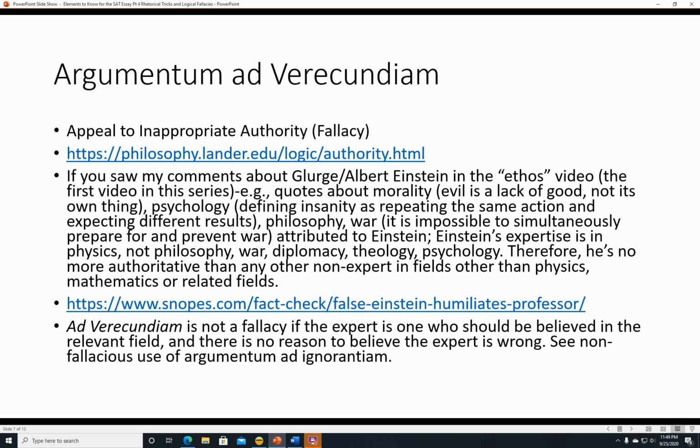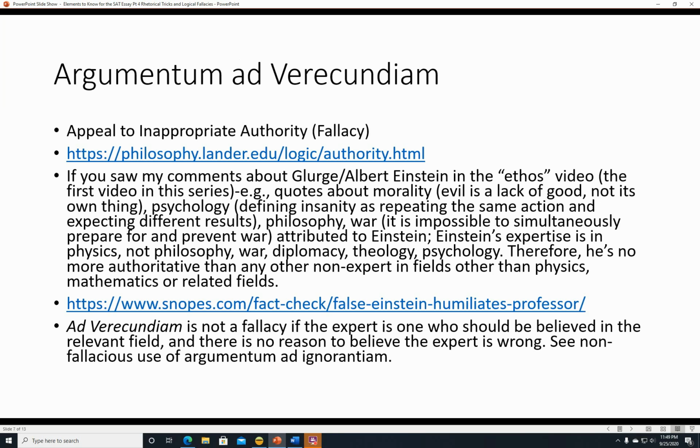Albert Einstein also, as far as I know, did not say that the definition of insanity is repeating the same action expecting different results. That actually came, I believe, from recovery programs such as Alcoholics Anonymous and other 12-step programs. On philosophy and war, I've seen it quoted to Albert Einstein to say, "It is impossible to simultaneously prepare for and prevent war."